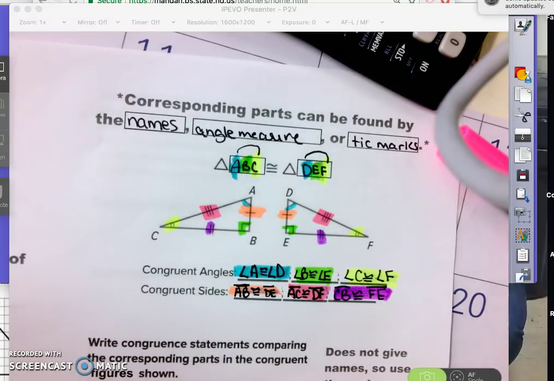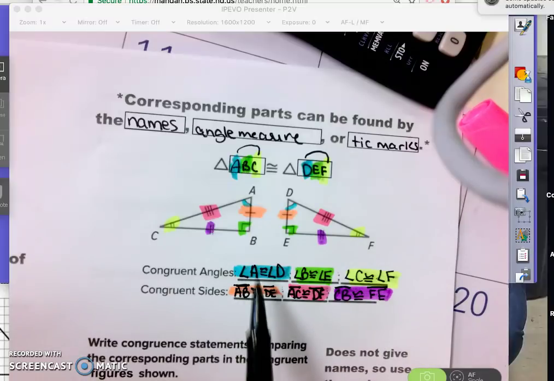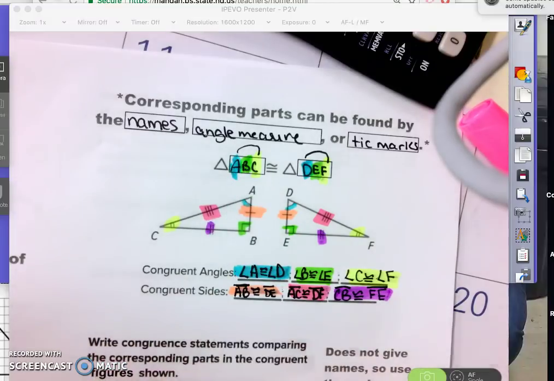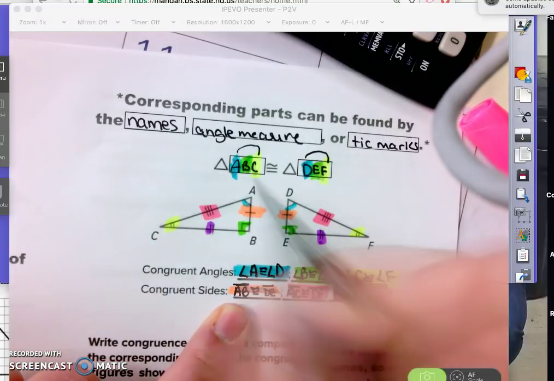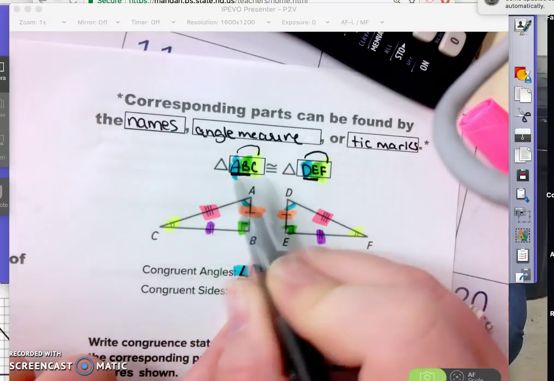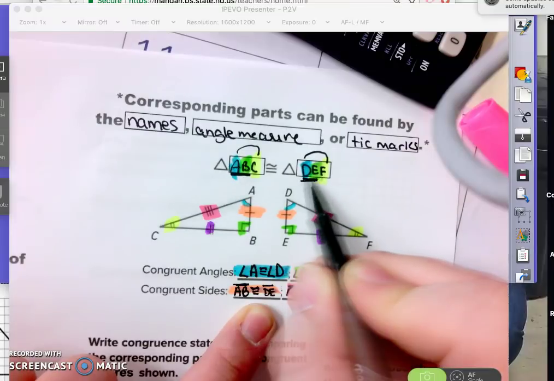Okay, so this is all the different ways that you can write a congruent statement here, or find the congruent parts. You can use the name. So if you look here, AB is congruent to DE. So the first two of this one is going to be congruent to the first two of that one.